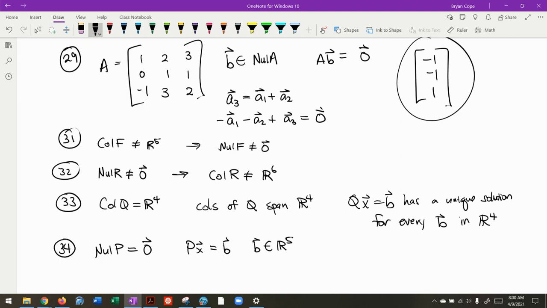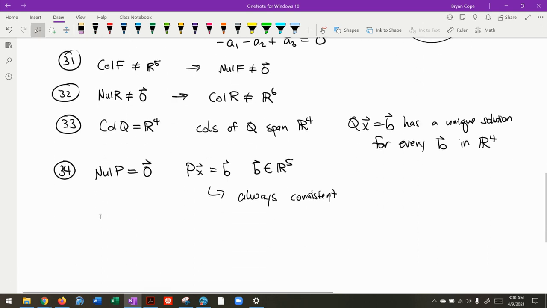Sorry about the PA announcement. I'll try and just keep going over it. This means that there is a pivot in every column, in every row, so Px equals B is always going to be consistent. So it's really similar to up above. So always consistent. And not only consistent, but there's going to be a unique solution as well.